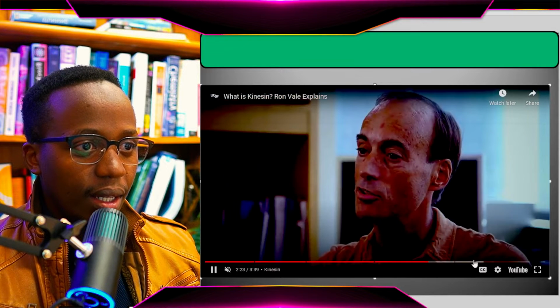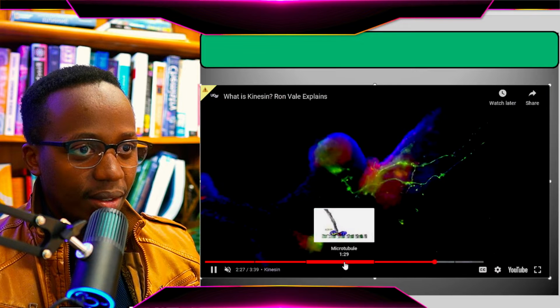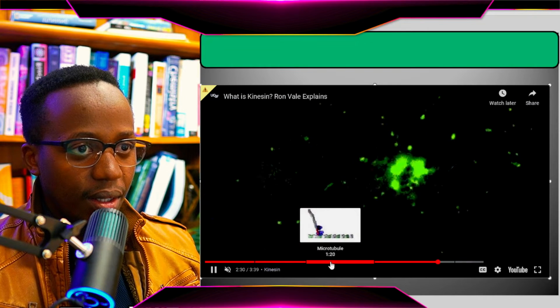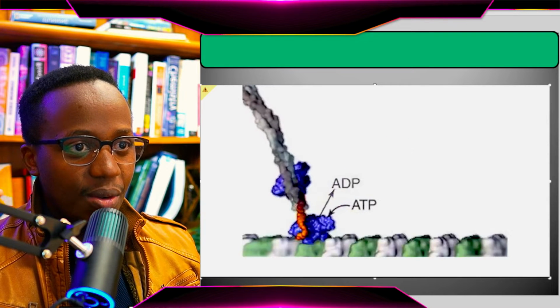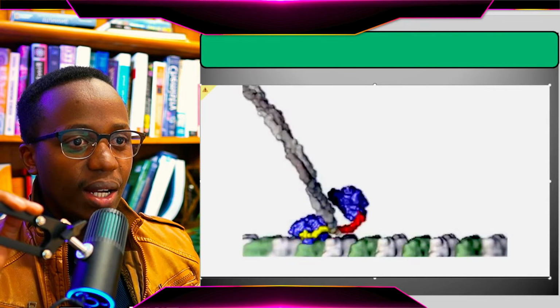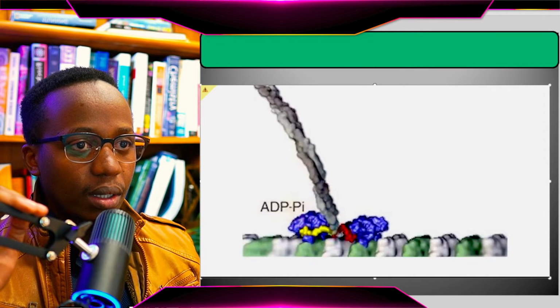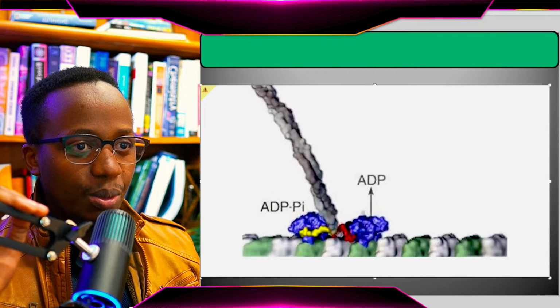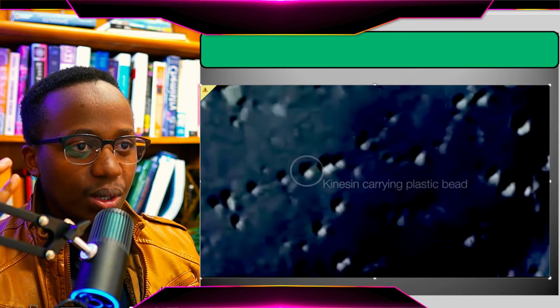Kind of like a highway. So I just wanted to show you this nice figure that researchers have found. So yeah, this is the reaction. This is how they found out that it looks like it's walking along the microtubules, but it's just a reaction, and this is kind of how it looks.